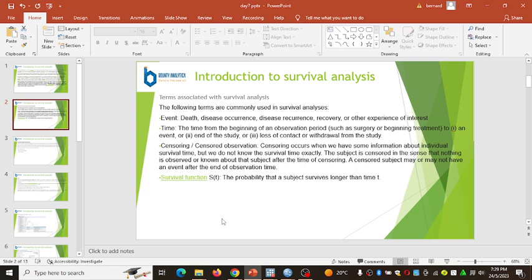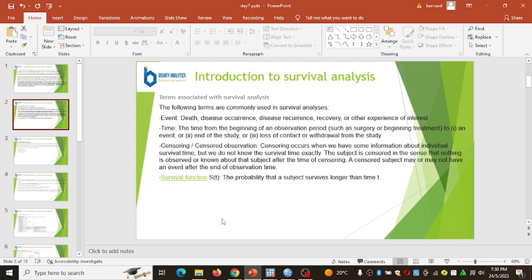So the event in survival analysis represents the outcome or occurrence under investigation, such as death or disease recurring again.